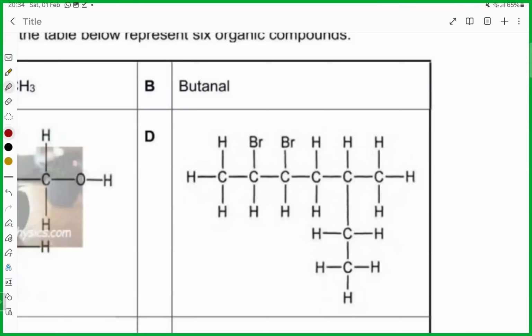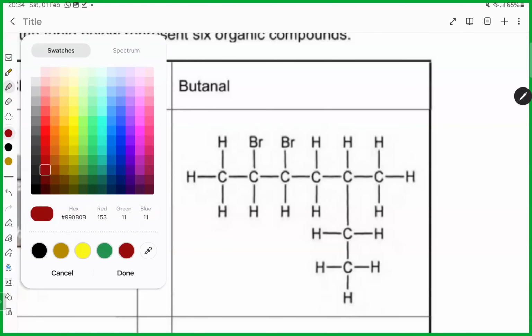Okay. Start again. Sorry, I missed something there. 2,3. Dibromo, 5 methyl hexane. I think you're right, sir. I think you're right.